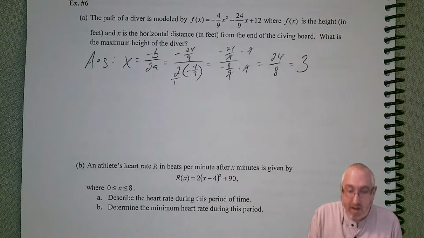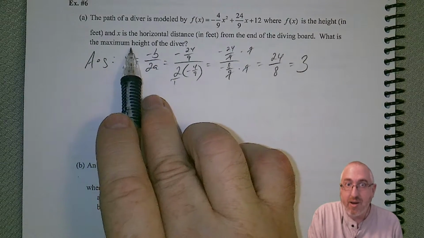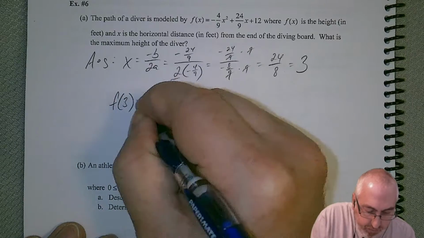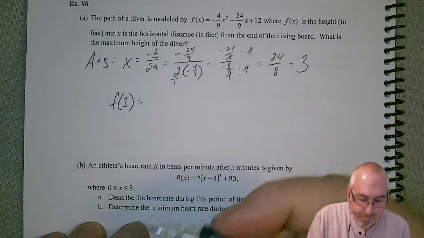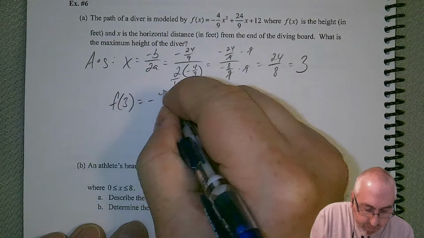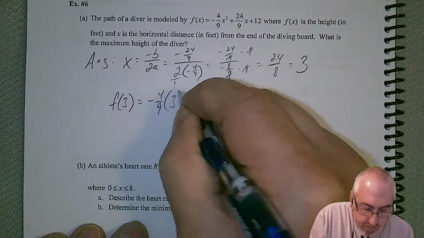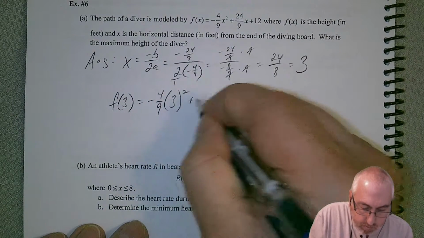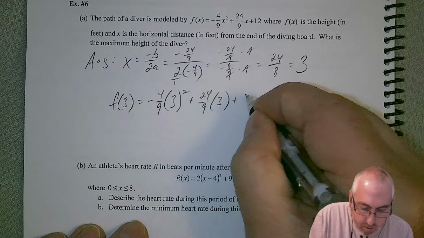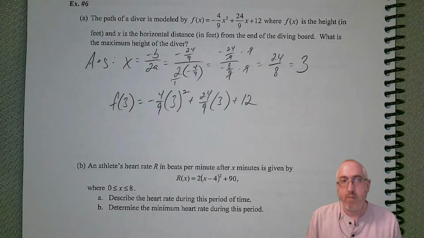But remember, the y value is going to give us the height that we're looking for. So all we care about now is what is f of 3. Negative 4 ninths times 3 squared plus 24 ninths times 3 plus 12.